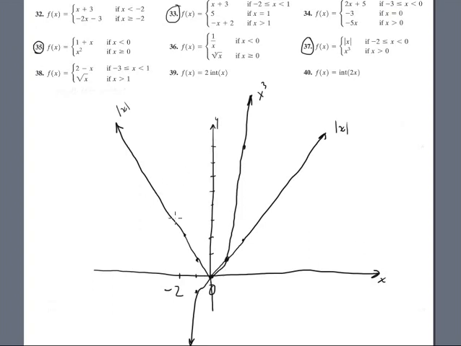So typical points to graph the absolute value are 0, 0, 1, 1, 2, 2, 3, 3, and so on. And the negative part is negative 1, positive 1, negative 2, 2, and so on.